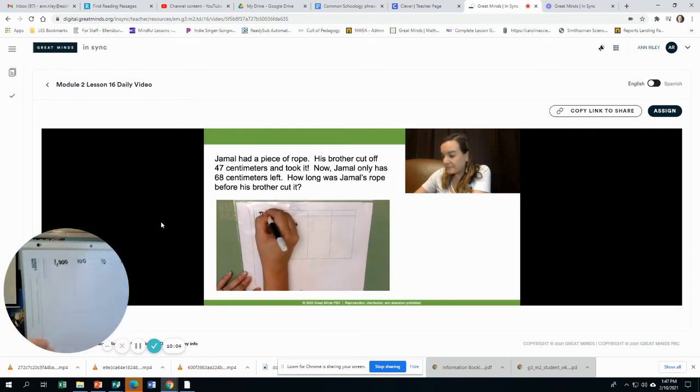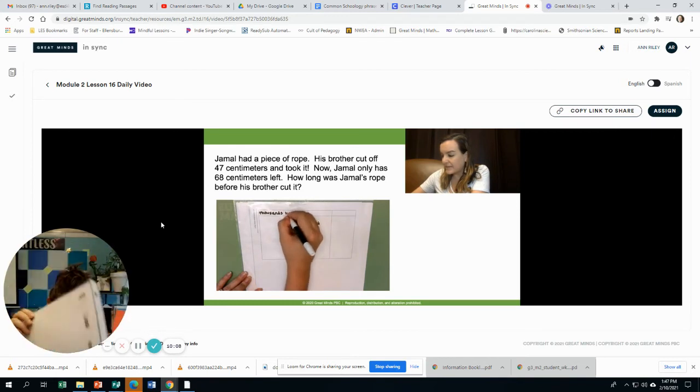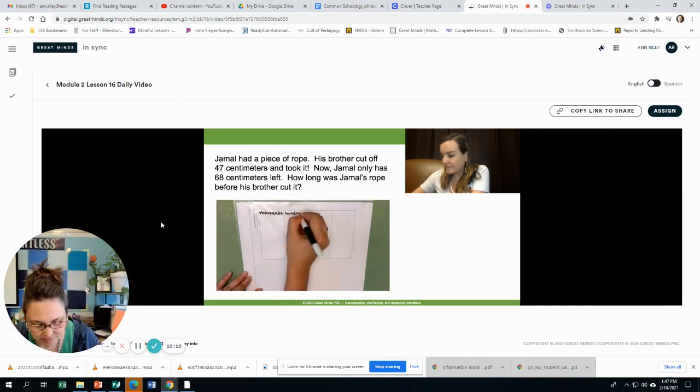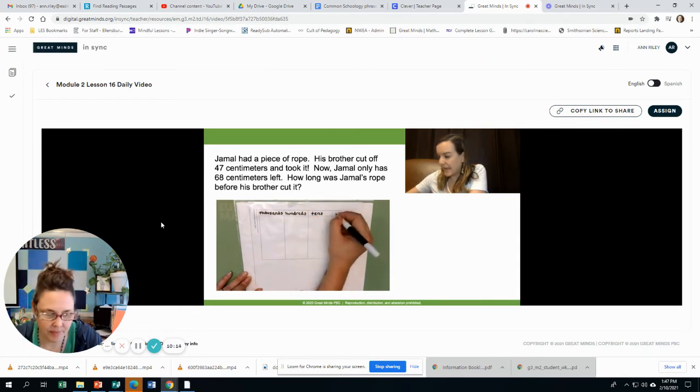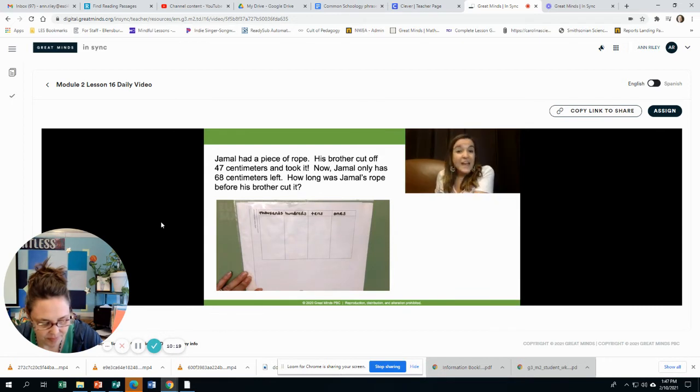Thousands, hundreds, tens, and ones. Now that we have our chart labeled, we need to represent our first amount of 47 centimeters.